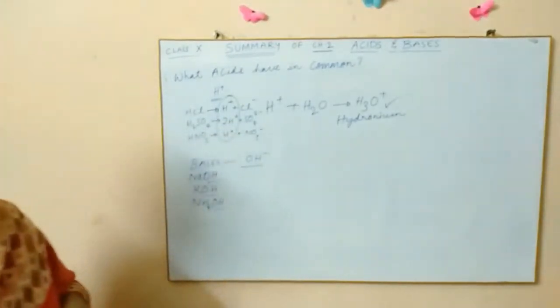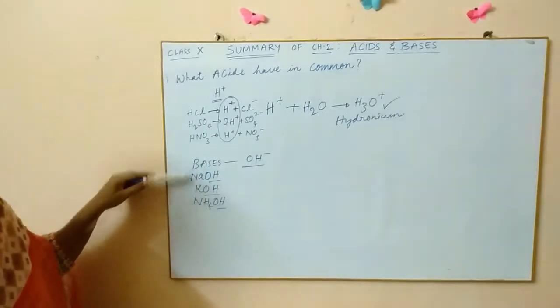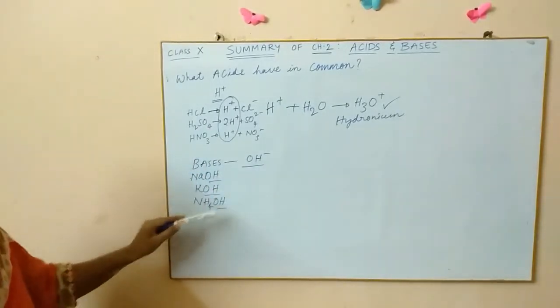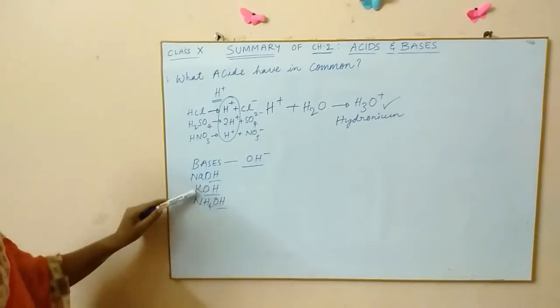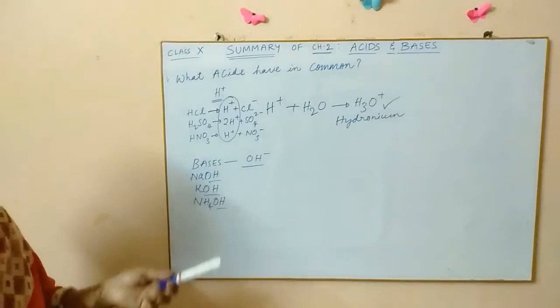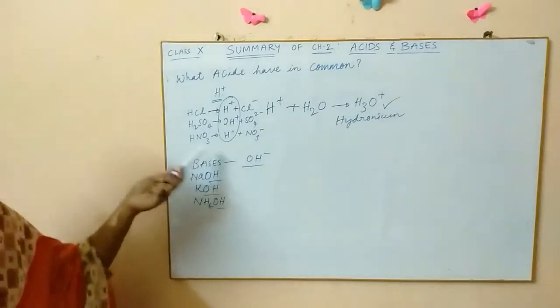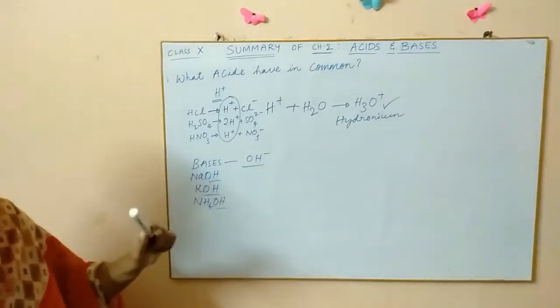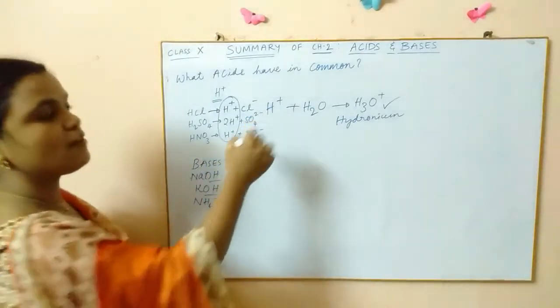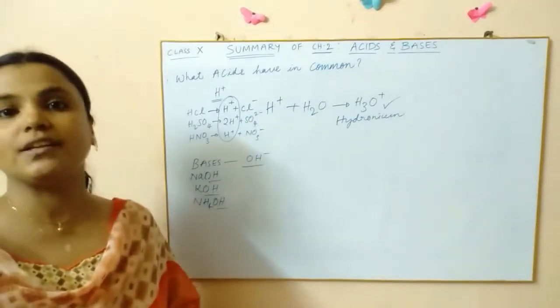Okay. So coming to bases, this is also similar, children. All the bases have OH in common. Can you see here? Sodium hydroxide, potassium hydroxide, ammonium hydroxide, calcium hydroxide, copper hydroxide, all these have OH in common. Now this OH- ion reacts with the H+ of acids and water is formed.